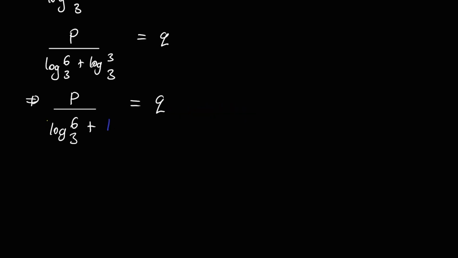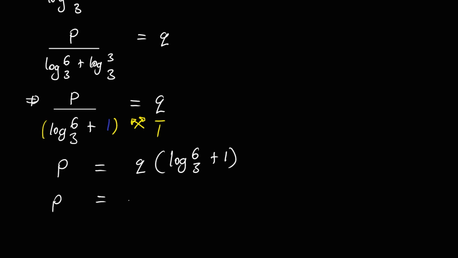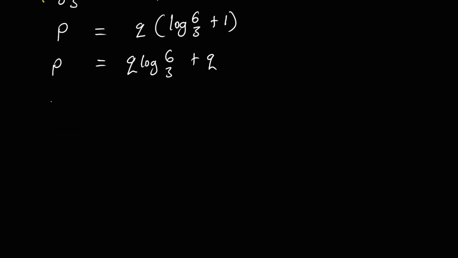On cross multiplication, this becomes p equals q into log of 6 base 3 plus 1, which is the same as p equals q log of 6 base 3 plus q, which becomes p minus q equals q log of 6 base 3.